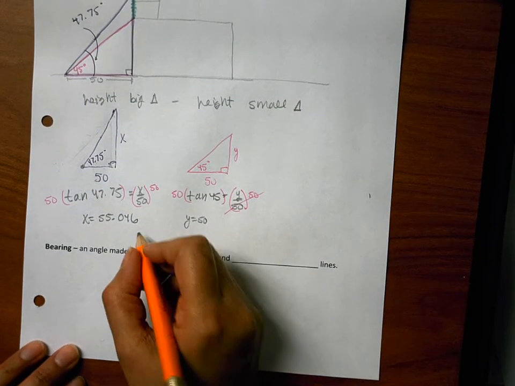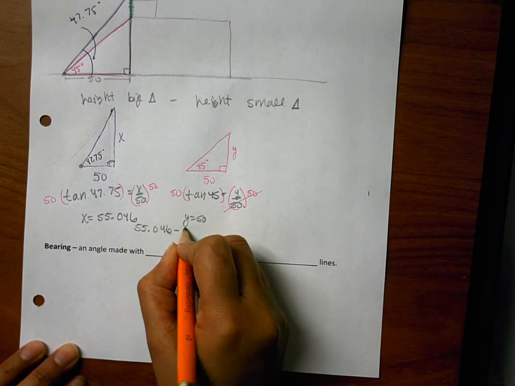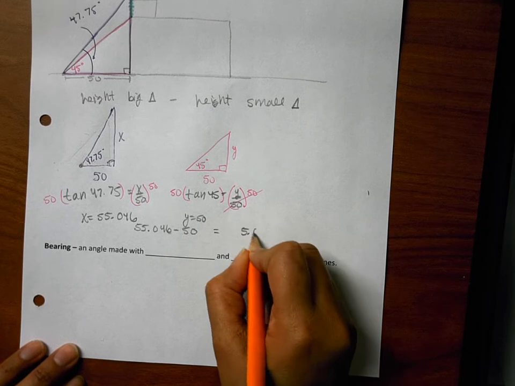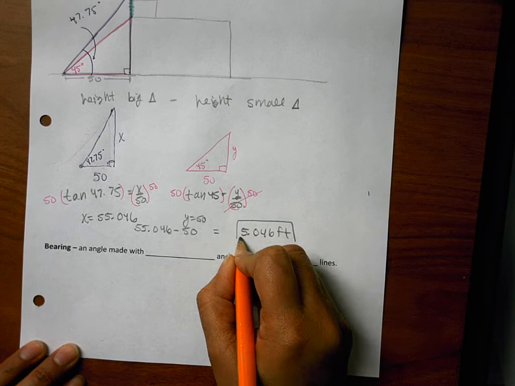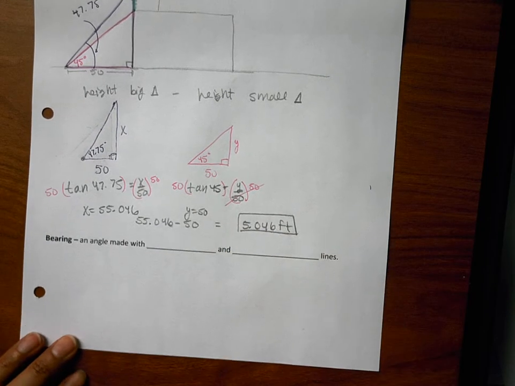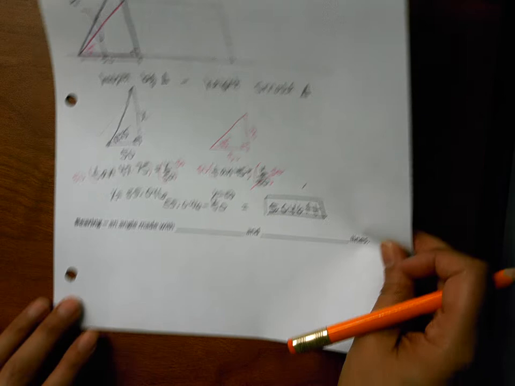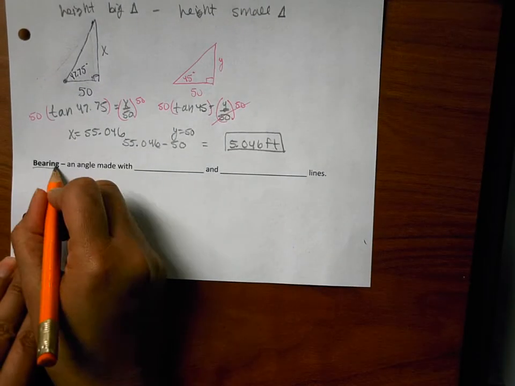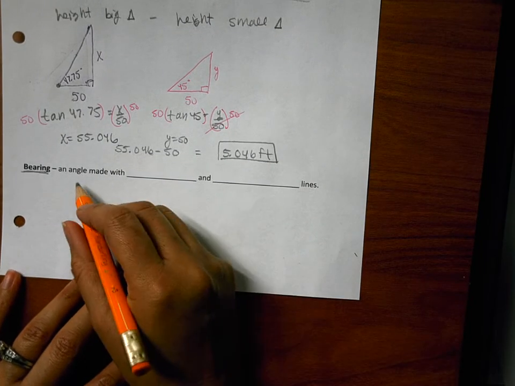And it comes out to be 50, which makes sense because tan of 45 is 1 and 1 times 50 is 50. So this comes out to be 50, and then you subtract the two. 55.046, take away 50, equals 5.046 feet. The height of the sign is 5.046 feet.